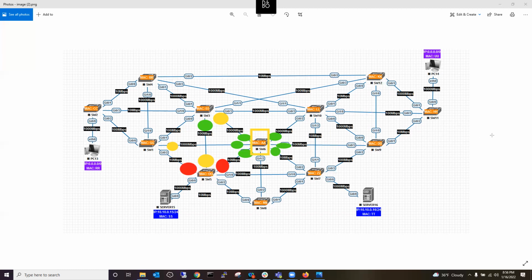And what are we doing on gigabit 0/2? On switch 1, that would be the designated because it's the lowest. Its MAC is lower than switch 5. Okay. What about gigabit 0/1? On switch 1, let's see.